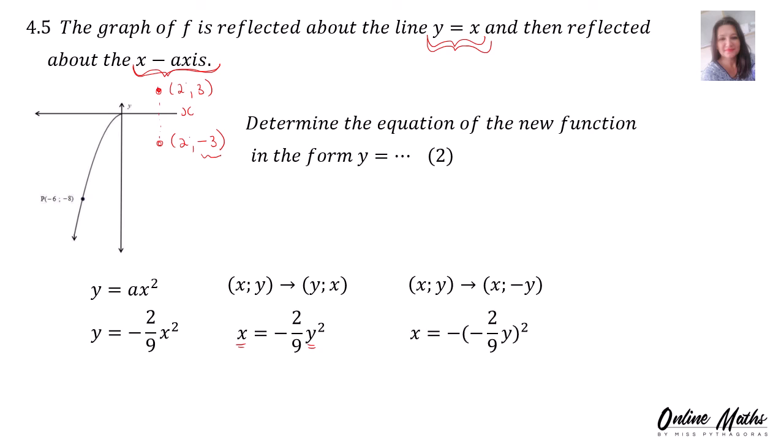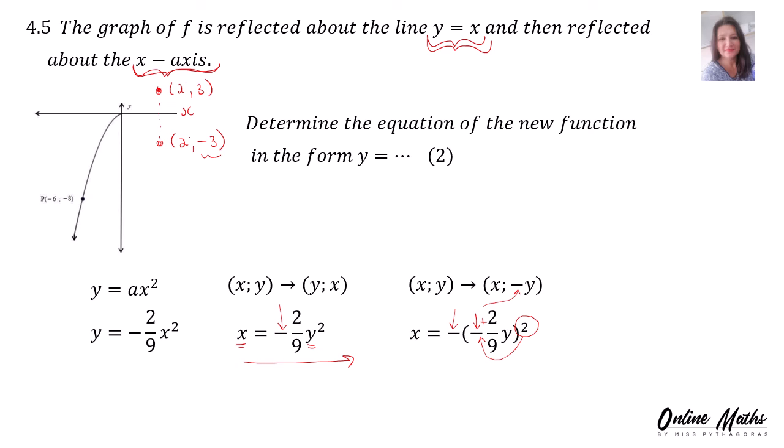Now, have a look at what happened here. We will take this equation and write it there, but this minus is still this minus. And then this minus is in fact that minus, where you deal with the reflection about the x-axis. Furthermore, since this is squared, that square will change this minus into a positive.